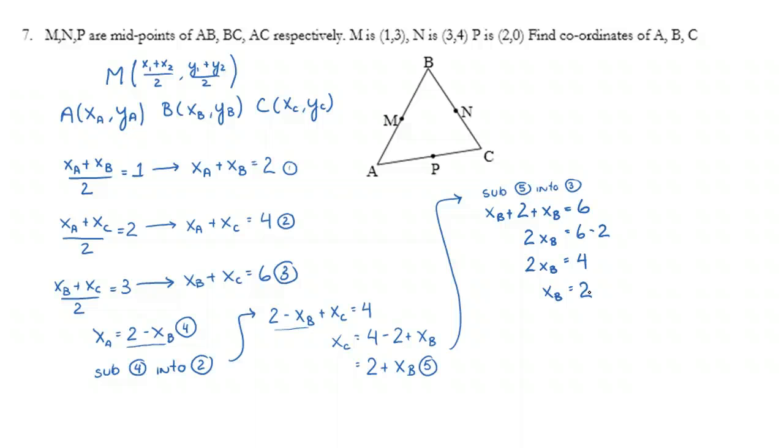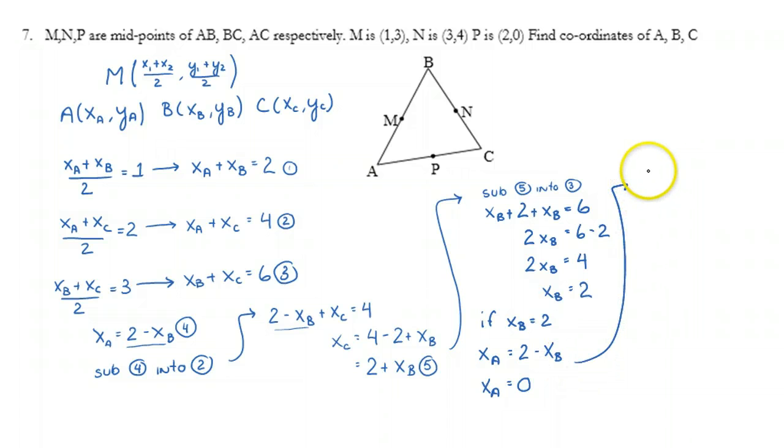So therefore, if xb is equal to 2, and we go back and follow through here, we know xa is equal to 2 minus xb, so we can say xa is equal to 0. And let's go back up here. If we know xb is 2, we know xc is equal to 2 plus xb.